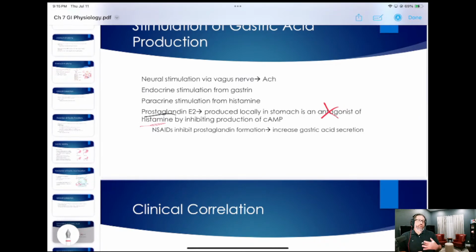So in a way, by reducing gastric acid secretion, you're protecting the gastric mucosa.